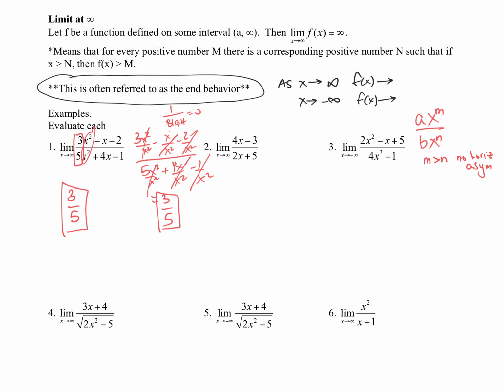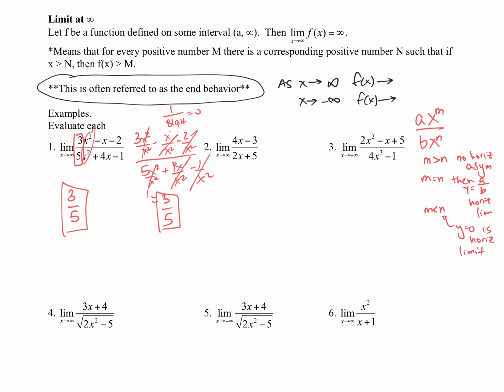In this case there would be no limit, it would be infinite. If m equaled n, then a over b is your horizontal asymptote, which is going to be our limit. And if m is less than n, then y equals 0 is the horizontal asymptote, which would be our limit.